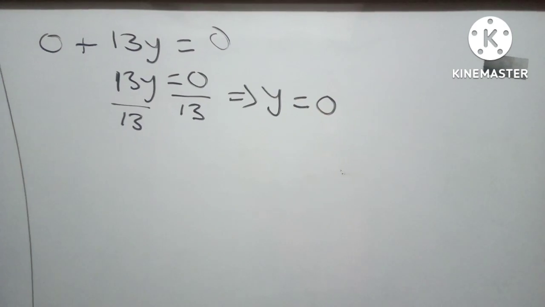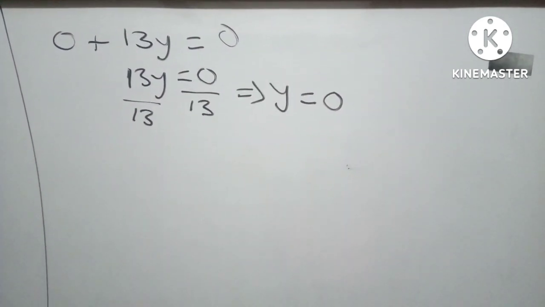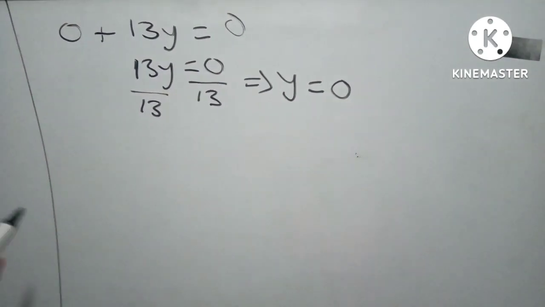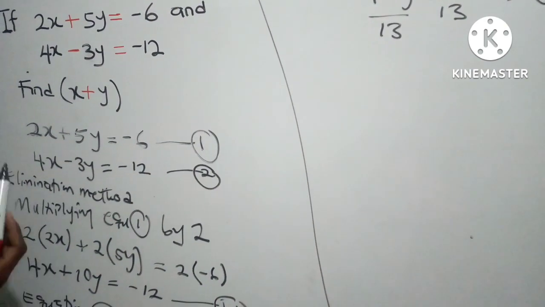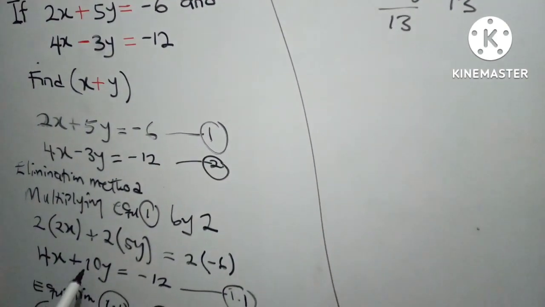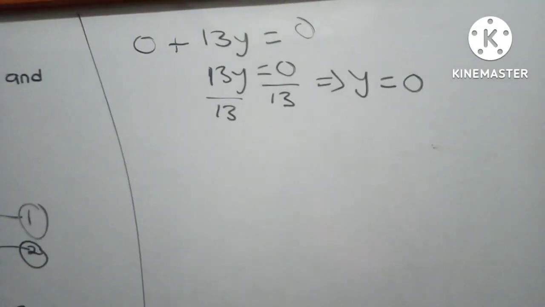So we now have the value of y. It's going to be easy for us to find the value of x. Back to equation 2 or equation 1 or equation 1.1, we can simply substitute the y value into any of the equations.